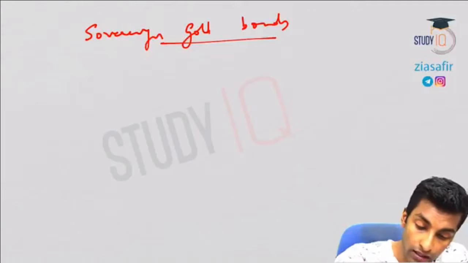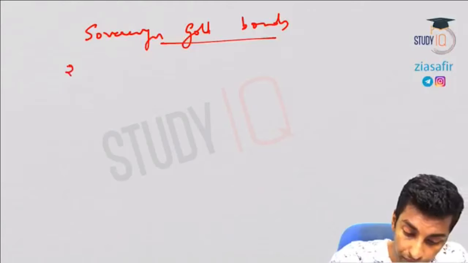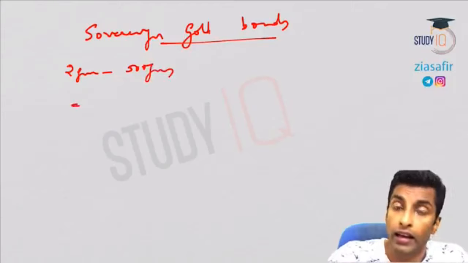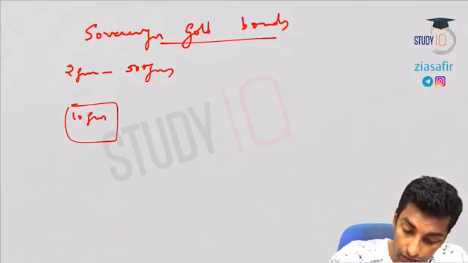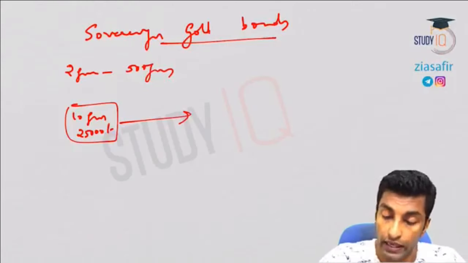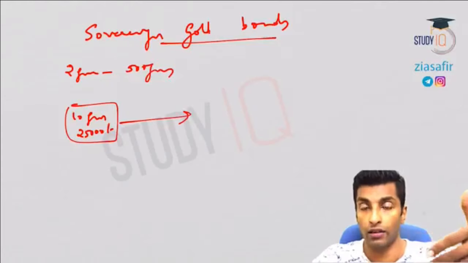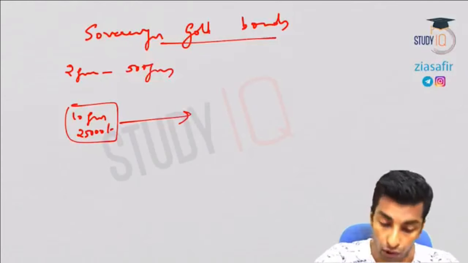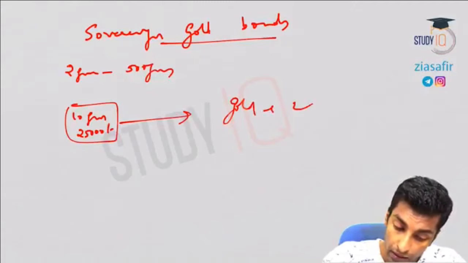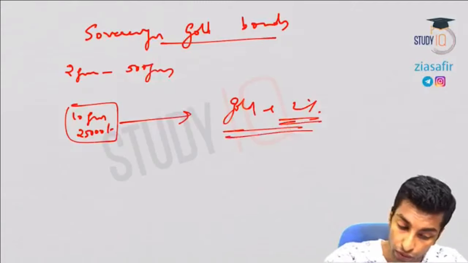There is a minimum of 2 gram to a maximum of 500 gram. Let's say this is 10 gram of gold, this bond, let's say 25,000. After maturity you will get the same value of gold. At maturity time, whatever the value of gold is, you will get exactly the same. Plus 2% interest will also be paid.